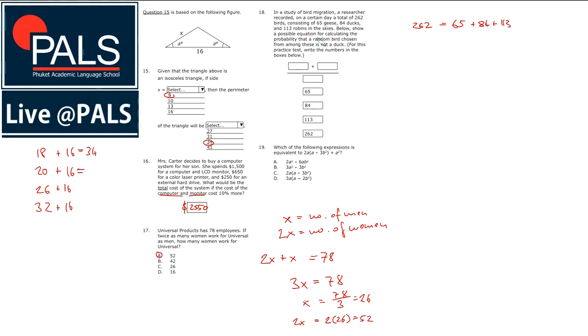Below shows a possible equation for calculating the probability that a random bird chosen from among these is not a duck.